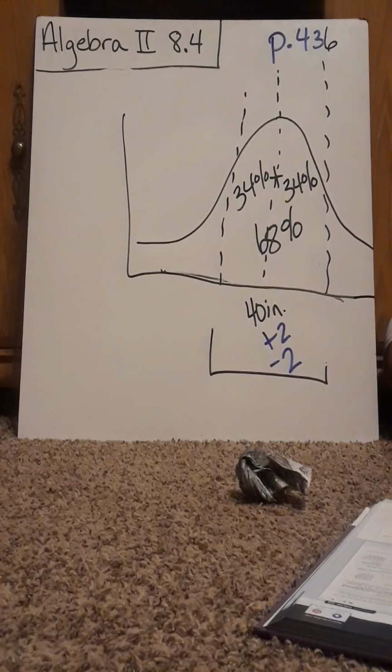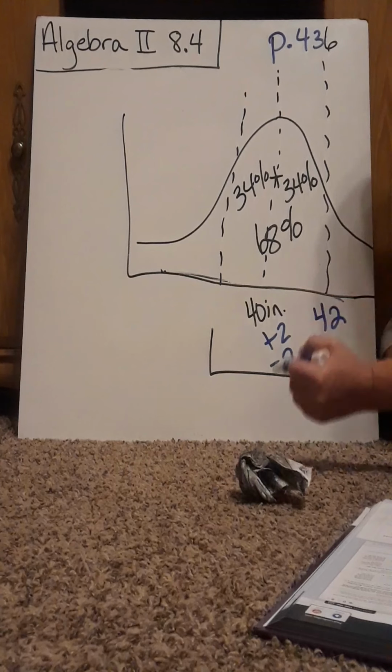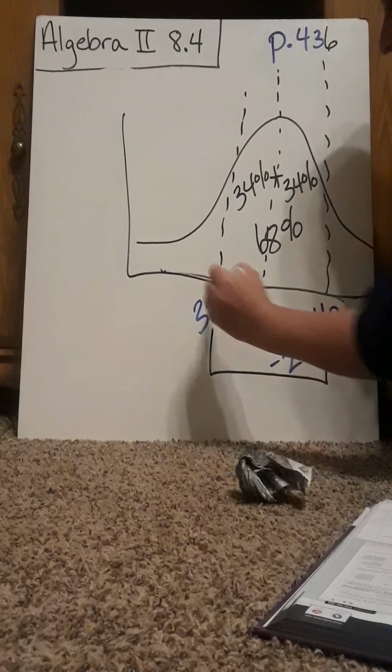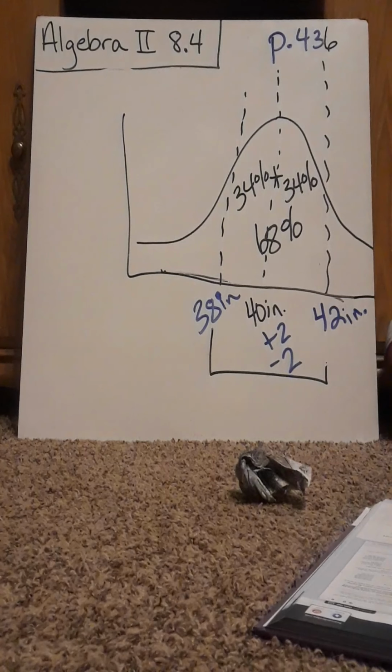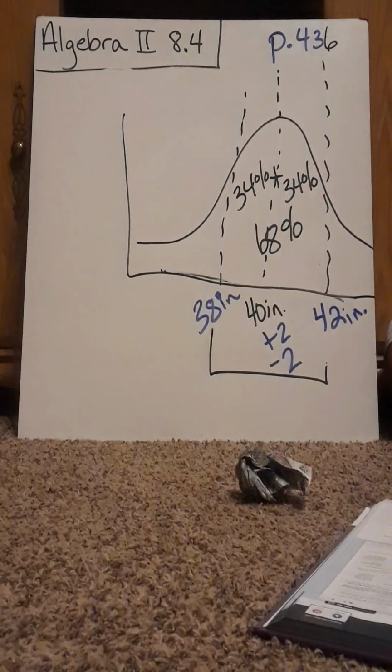And that's going to tell you where you're at to be 1 standard deviation away from the mean. If your standard deviation is 2 inches, then you need to add 2 inches to go 1 standard deviation above the mean, subtract 2 inches to go 1 standard deviation below the mean.